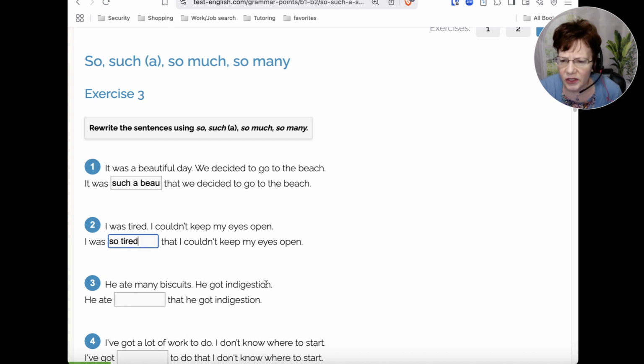He got indigestion. So he ate what that he got indigestion? Okay, so we want to do, again, this is before a plural countable noun. So many biscuits, right? Okay, that makes sense.